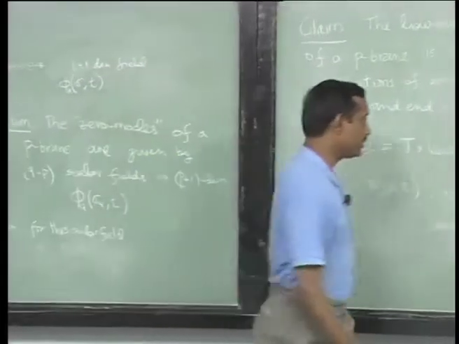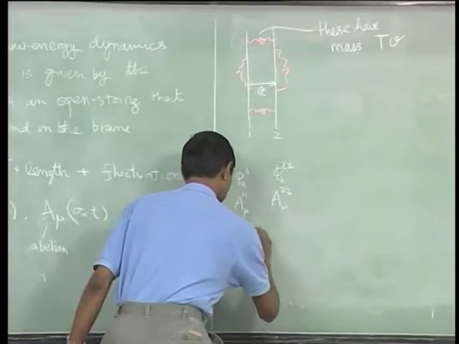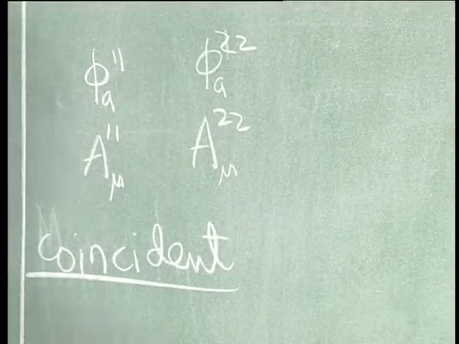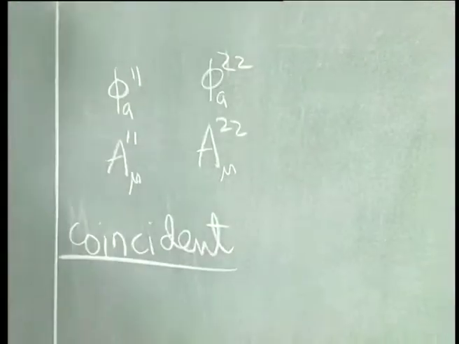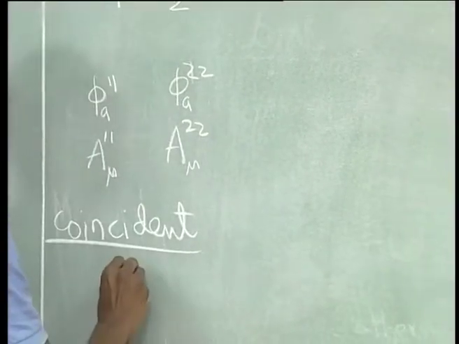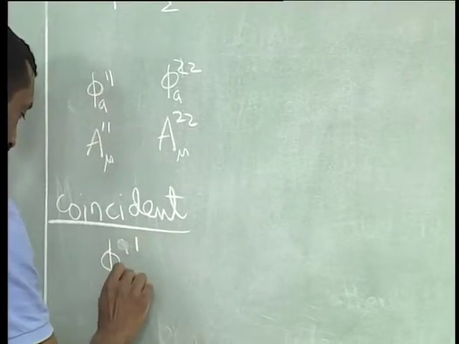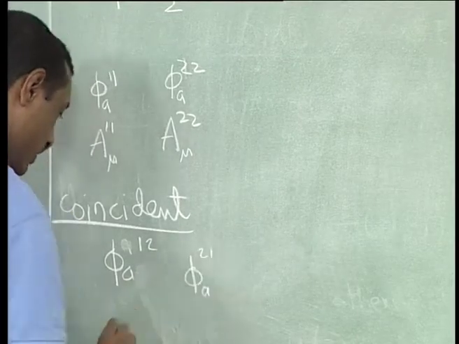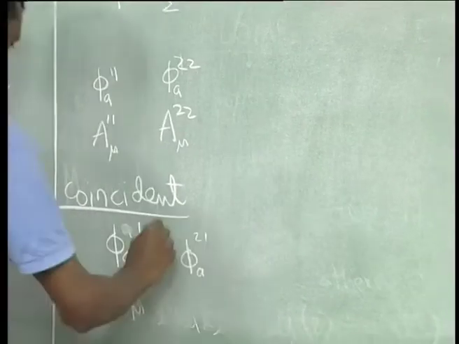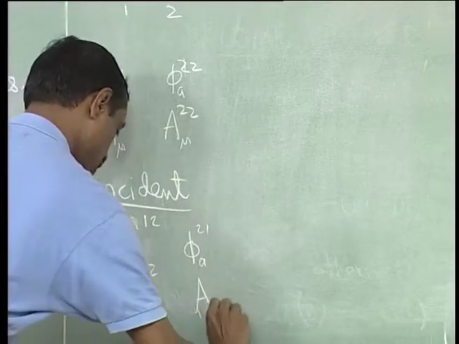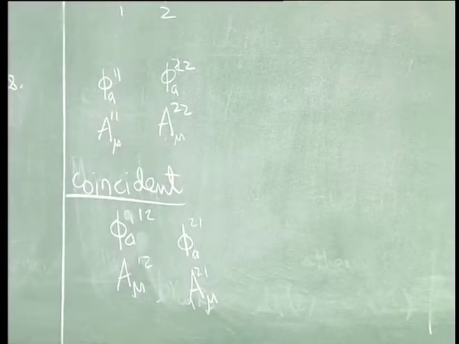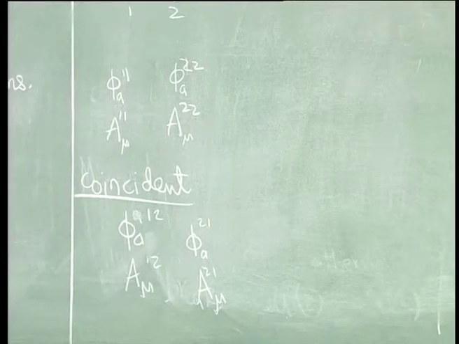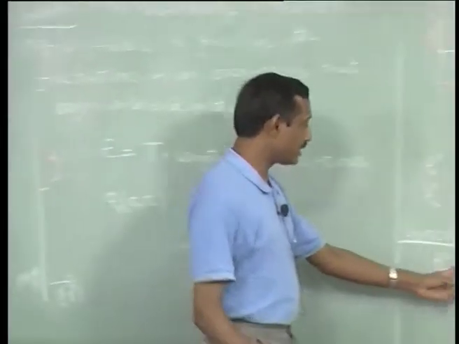But when they are coincident, what you get is extra guys, you start getting phi a 1 2, phi a 2 1, similarly A mu 1 2, A mu 2 1. They are all vector fields, but they have different labels going with them. And these occur only when they are coincident.